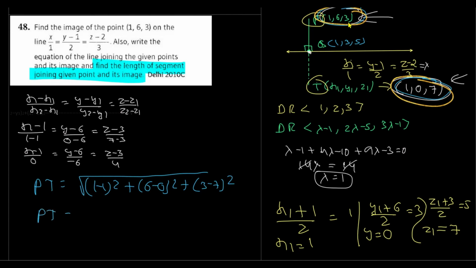So this is the length of PT, which is 0 plus 6 square, which is 36, plus 3 minus 7, which is minus 4 whole square, is 16. So the length of PT comes out to be under root 52 units. Don't write centimeter, just write units.